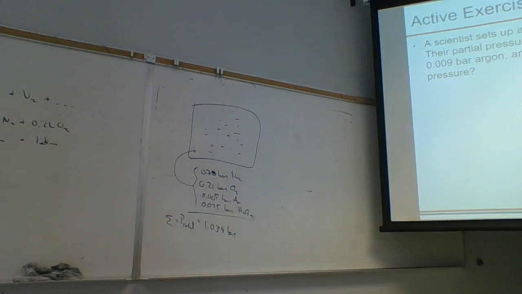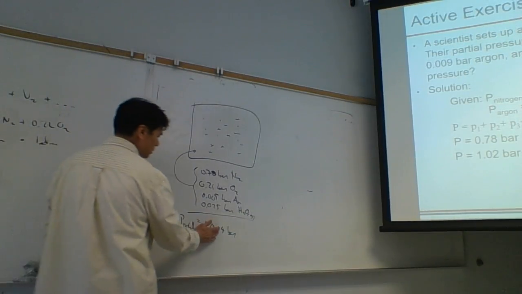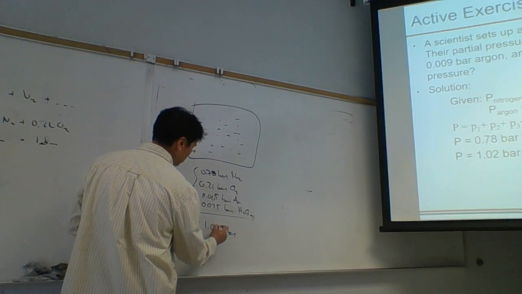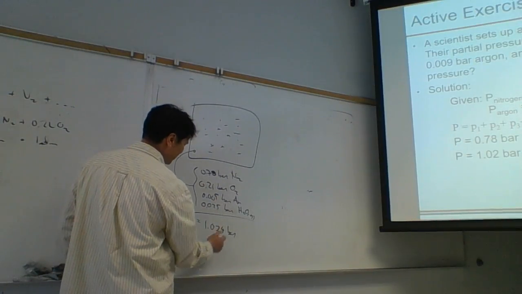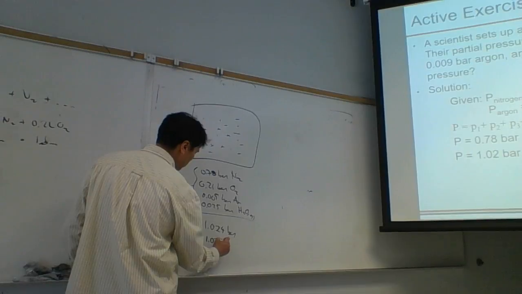Let's see if I did the additions correctly. So we just add up all the partial pressures. I must not have done it correctly. I'm going to use the calculator. Let me use the calculator for this rather than do it in my head. And so 0.78 plus 0.21 plus 0.009 plus 0.025. 1.024 bar, sorry. Allowed 2 decimal places. So this rounds to 1.02 bar.